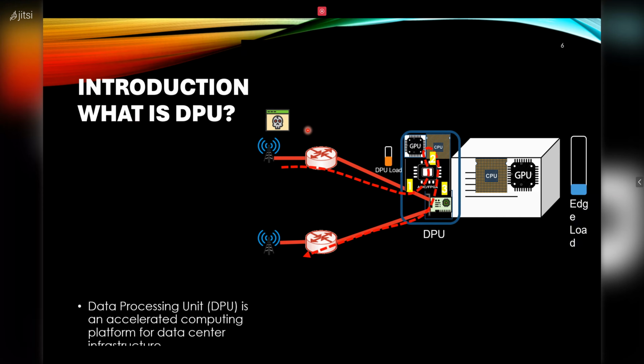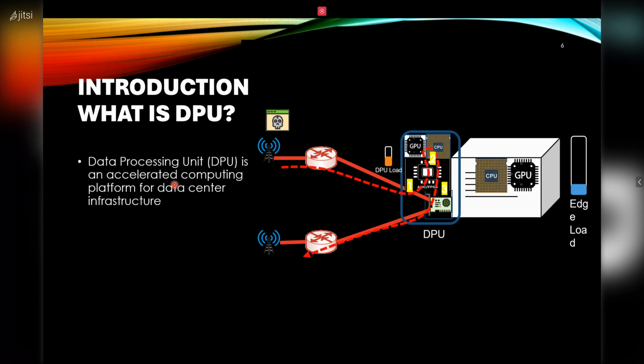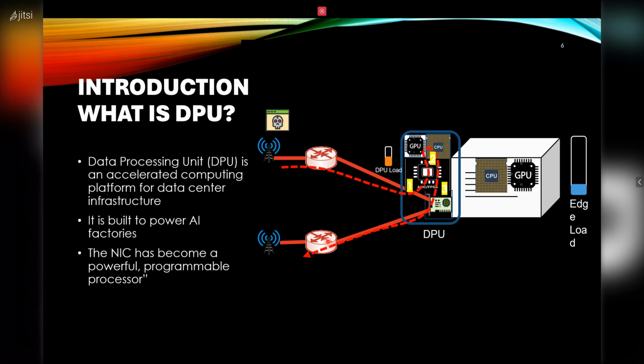For example, this is the data processing unit. I already told you, it is an accelerated computing platform for data center infrastructures. It's built to power AI factories, and it also gives programmable power to a NIC, a programmable processor.